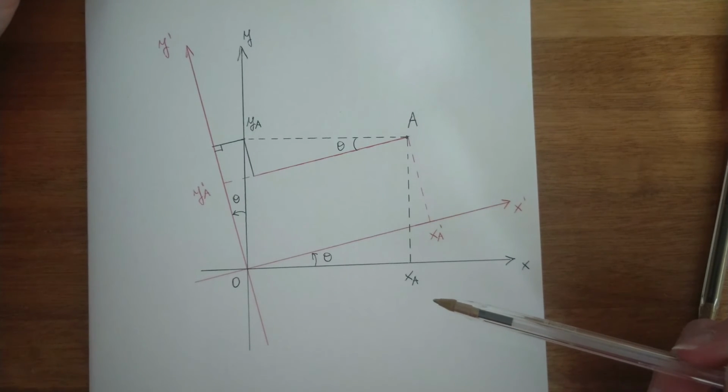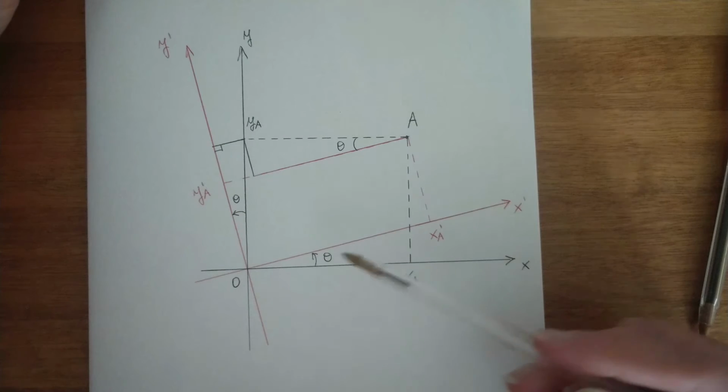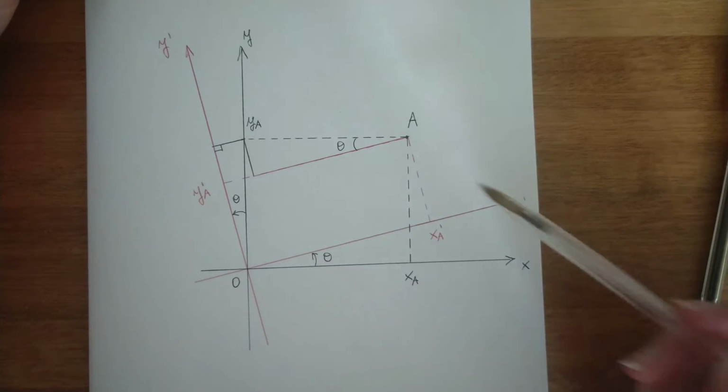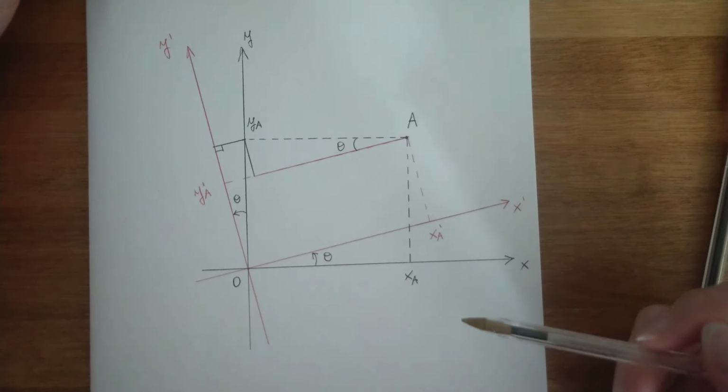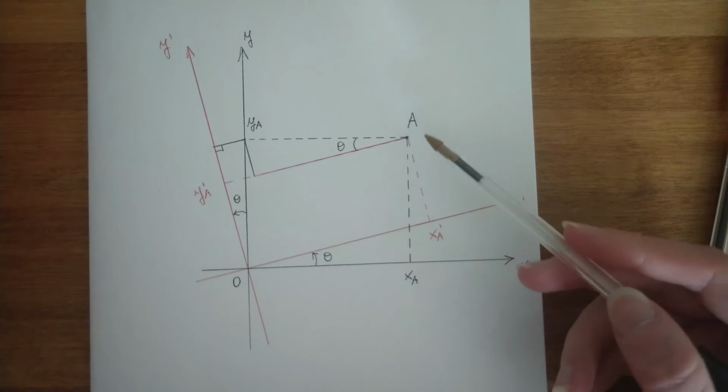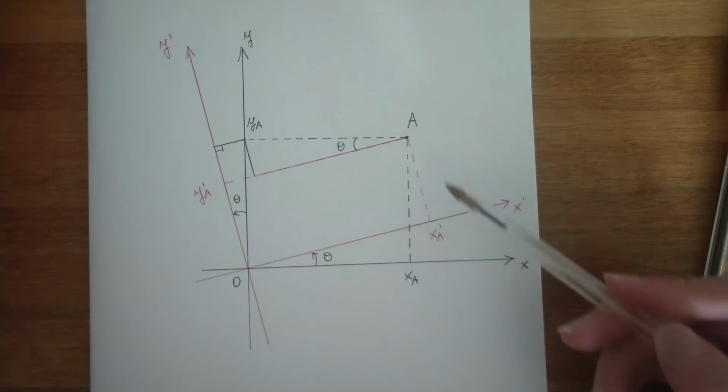The rotated one is represented by the one in red with x prime axis and y prime axis. Our aim is to obtain the new coordinates of a generic point A in the new reference frame.